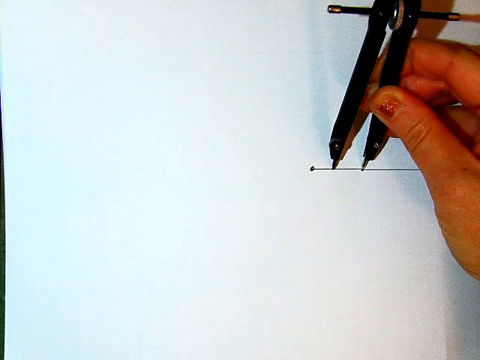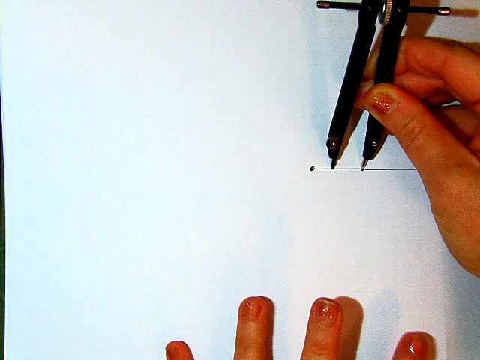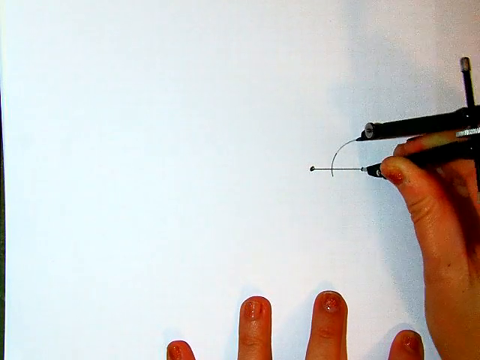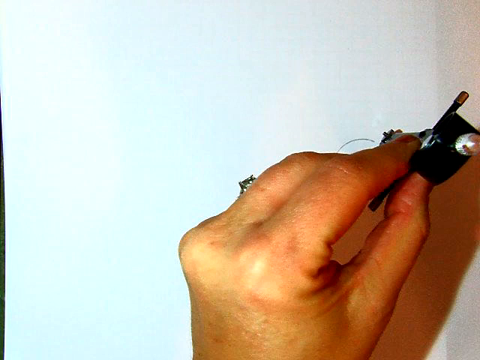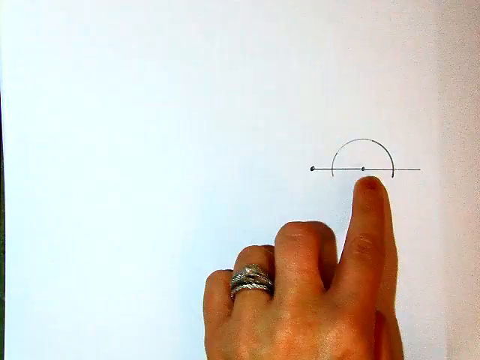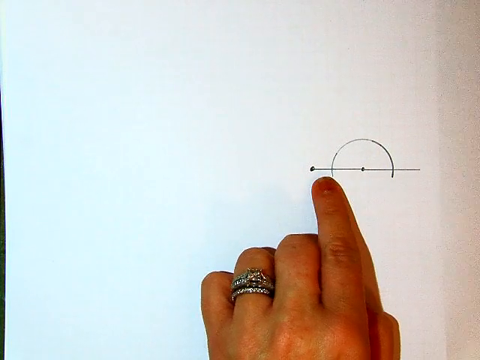I have mine at about 2/3 of an inch. That feels good. And then I need to make this initial arc. My needle was on that point, and my initial arc needs to slice through both sides of the segment that I drew. So my needle was here, I drew an arc, it sliced through on both sides.